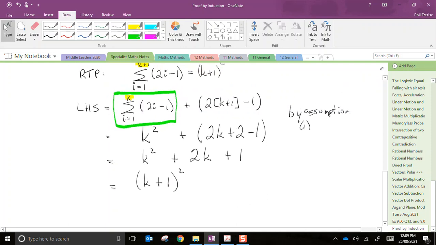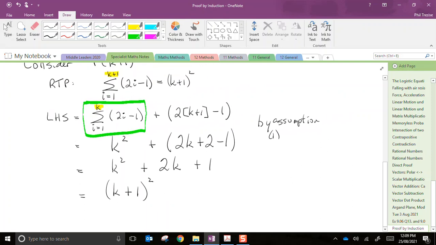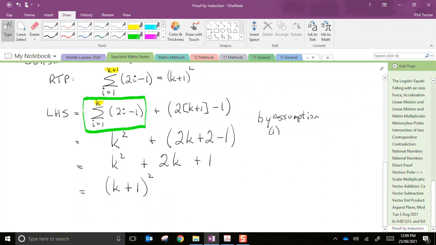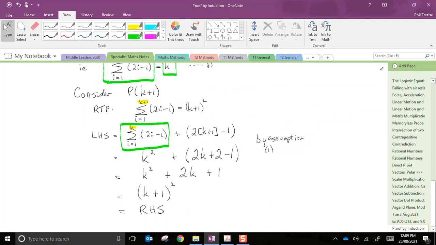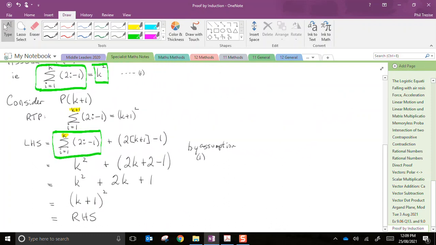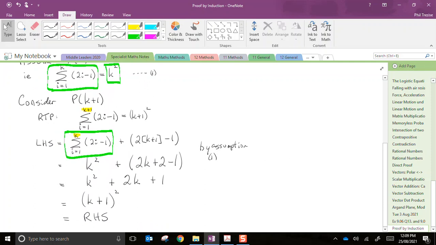Now, if we look back for a minute at what we were required to prove, we were required to prove that this thing equaled k plus 1 squared. That's where we're at. We have got to the point where we can say right-hand side. So it's subtle, and it takes a little while to get your head around it, but we've done enough to show that this thing is true.